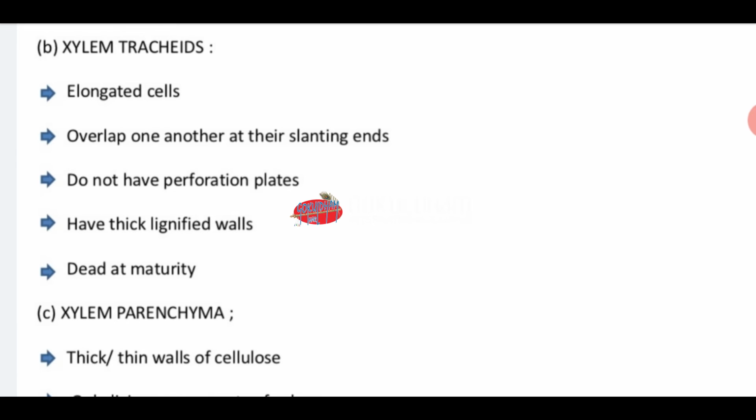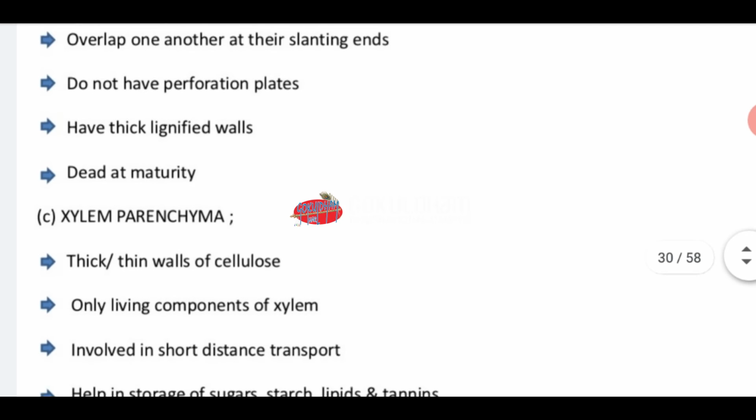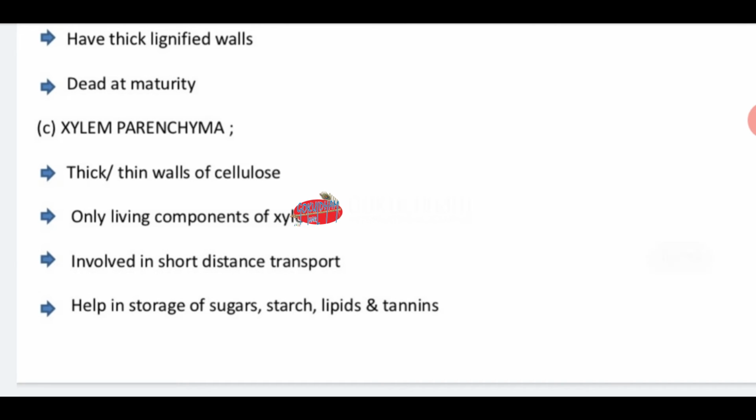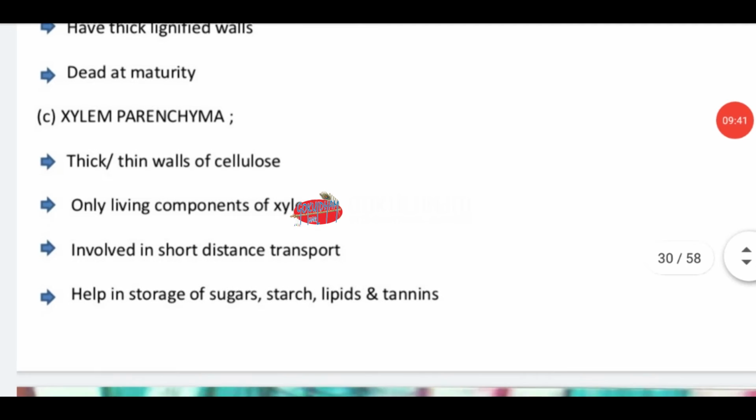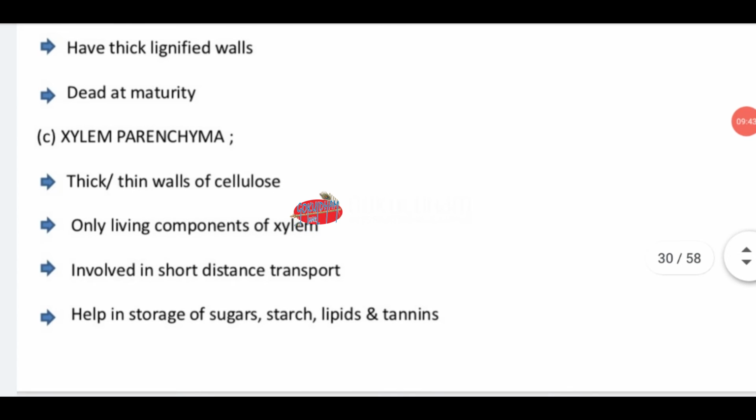Now the next cell in xylem is xylem parenchyma. The characters of xylem parenchyma are they are thick and thin walled cellulose. मीन्स जो सेल वॉल होती है वो सेल्यूलोस से बनी होती है, and they are the only living component in the xylem. मीन्स जो xylem होती है उसमें ये parenchyma cells are the only living cells, whereas other cells are dead at maturity, and it is involved in short distance transport, and it helps in the storage of sugar, starch, lipid, and tannins.